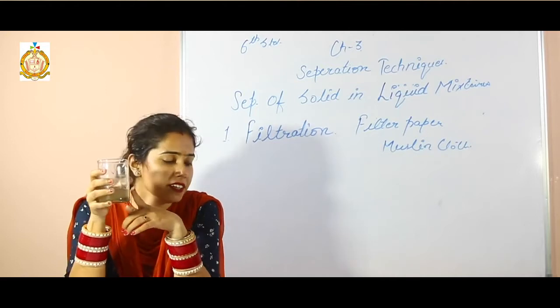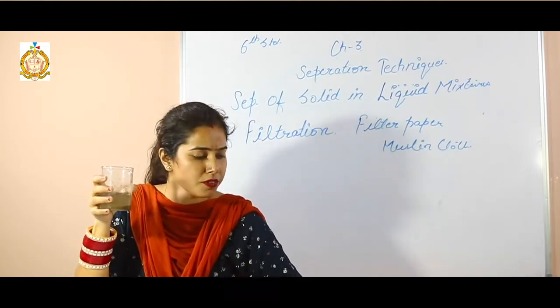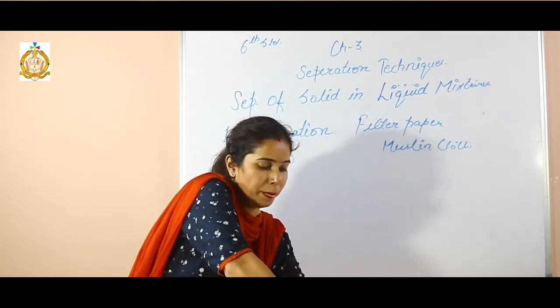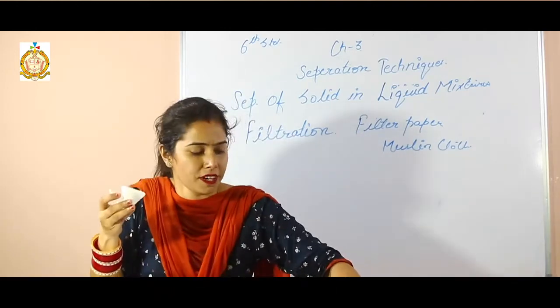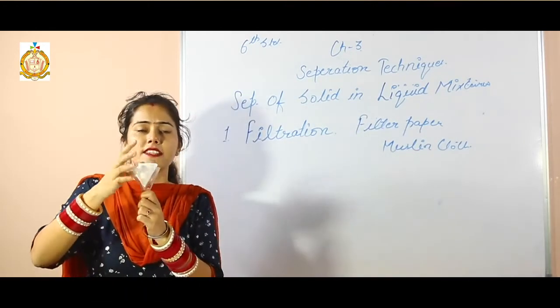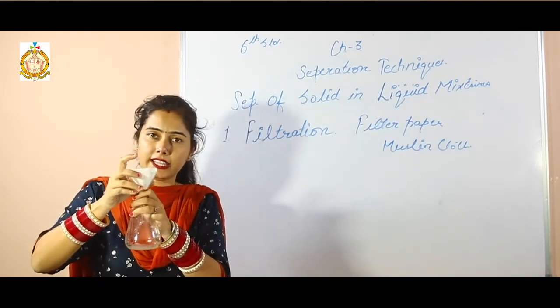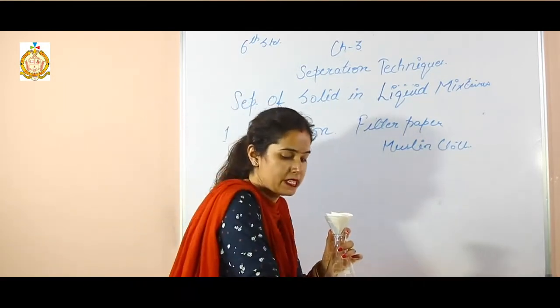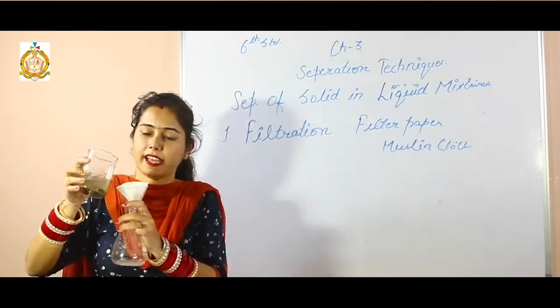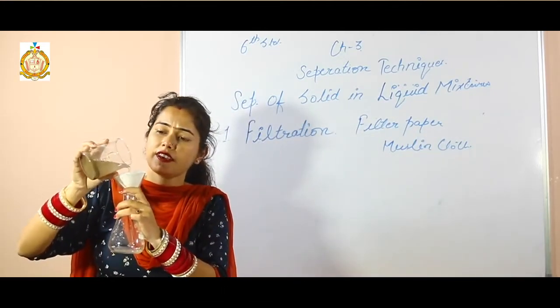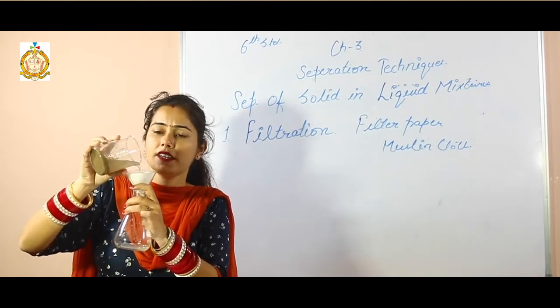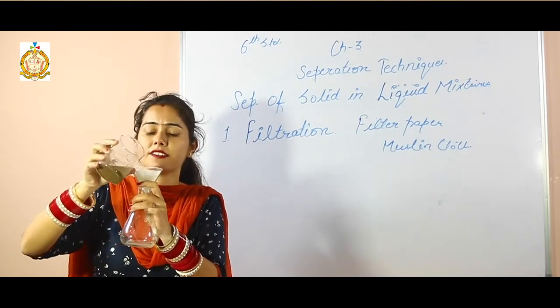How can we filter this? With the use of filter paper. This is the filter paper and it is placed in the funnel. After that, take this, and in this way you can pour it into your flask.